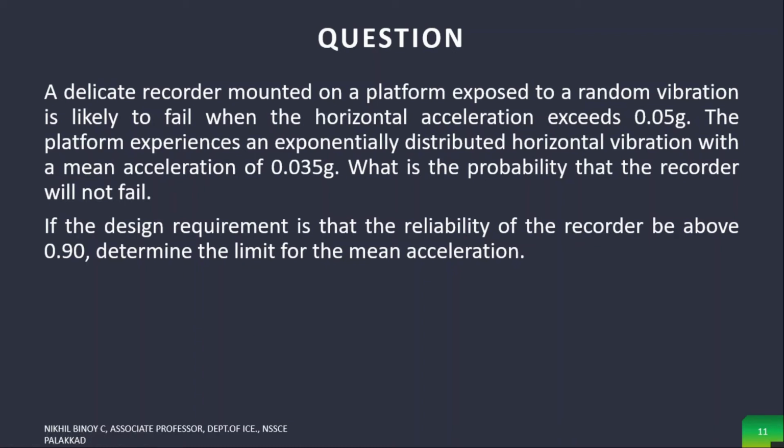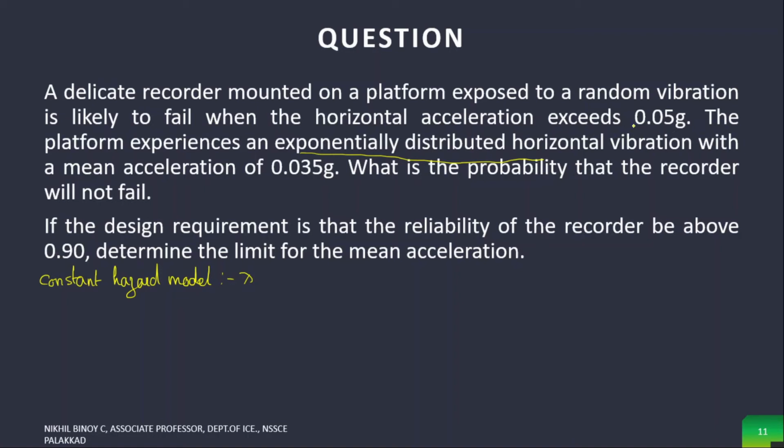What is the first important thing you can note? It is following an exponentially distributed horizontal vibration, so it is following the constant hazard model. If it is following the constant hazard model, then definitely lambda is the parameter. What is the second thing you can note? The recorder is likely to fail when the horizontal acceleration exceeds 0.05 g.